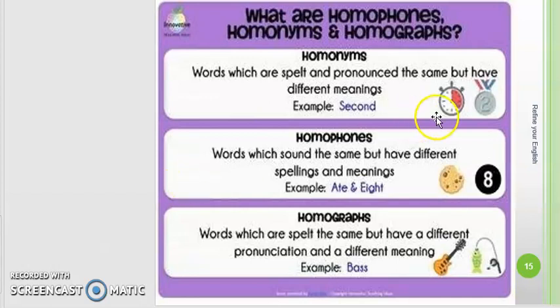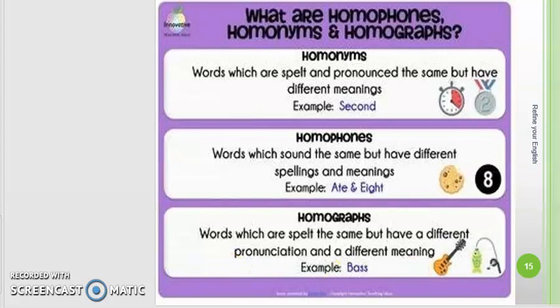Homonyms, just like the word second: second minute, and second place. They're spelled the same, pronounced the same, but have different meanings. Eight, number eight, and "I ate this biscuit." They're spelled differently, but they're pronounced similarly, and they mean differently. Homographs, just like bass and bass, they're spelled the same, with different pronunciation and different meaning.